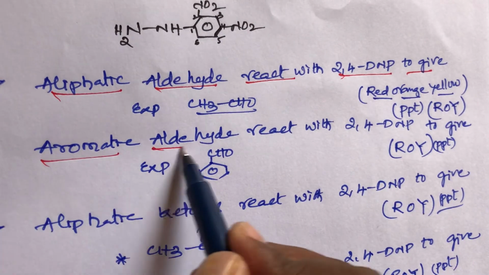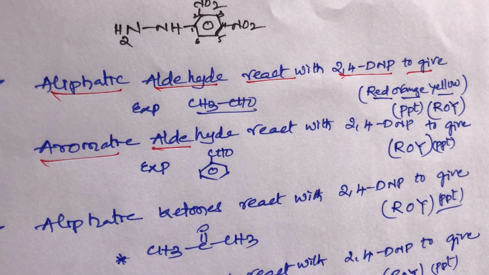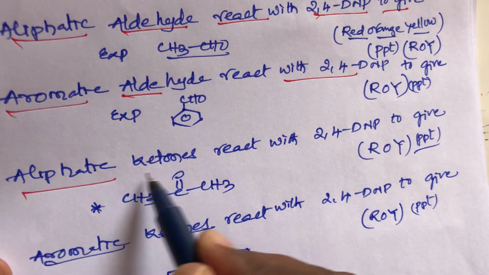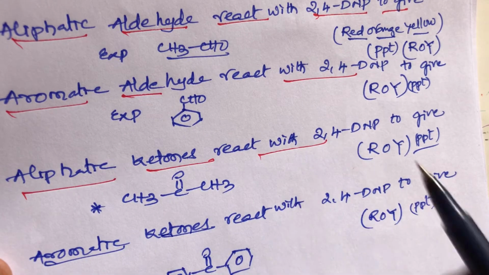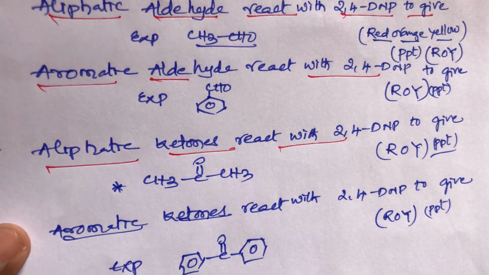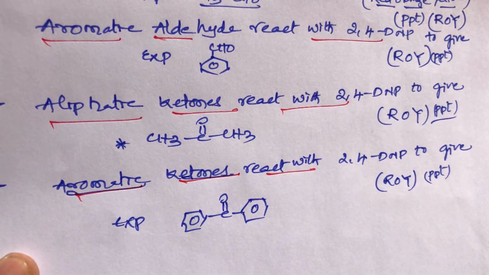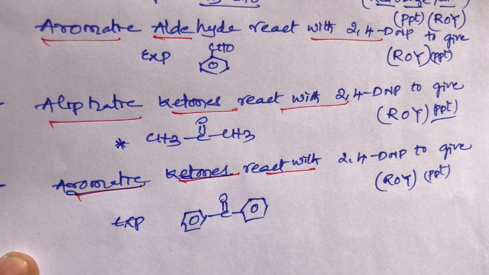Aromatic aldehydes also give a positive 2,4-DNP test, aliphatic ketones also give a positive 2,4-DNP test, and aromatic ketones also give a positive 2,4-DNP test.